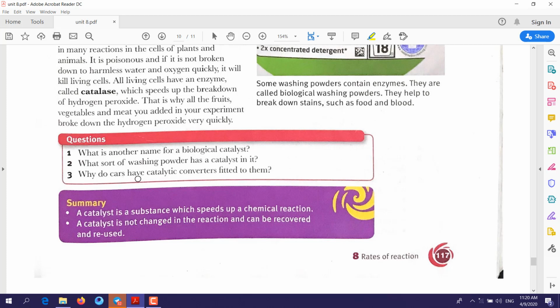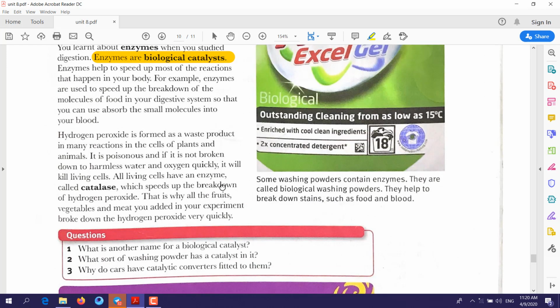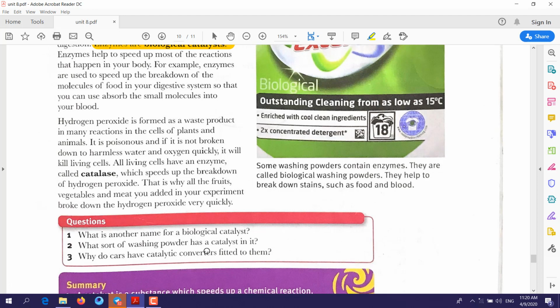Question number 3. Why do cars have catalytic converters fitted to them? What do you mean by a catalytic converter fitted in the car? It's in the car exhaust. The function of it is to balance the chemical reaction in the engine, it makes the chemical reaction in the engine faster. So what will happen?